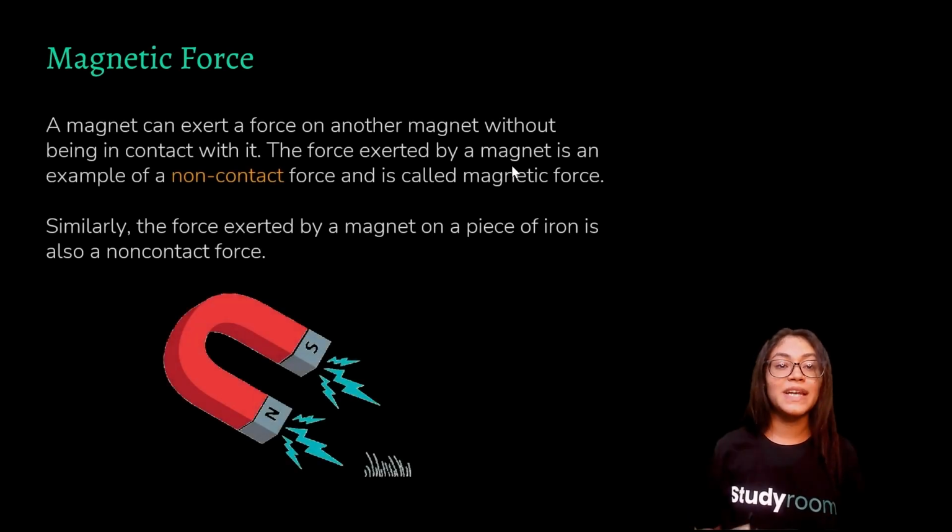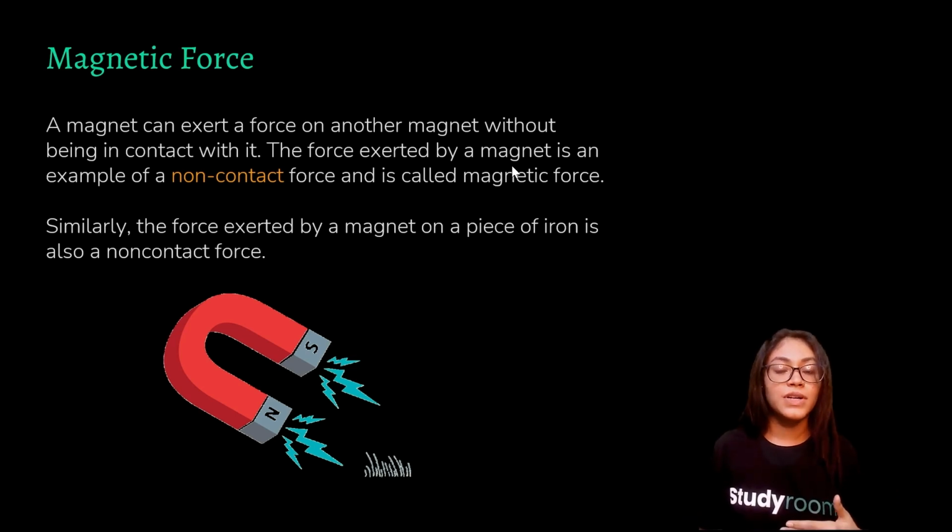So, what is magnetic force exactly? A magnet can exert a force on another magnet without being in contact with it. So, if two magnets are kept together, there isn't supposed to be any point of contact. Even then, a force is exerted between the two magnets.